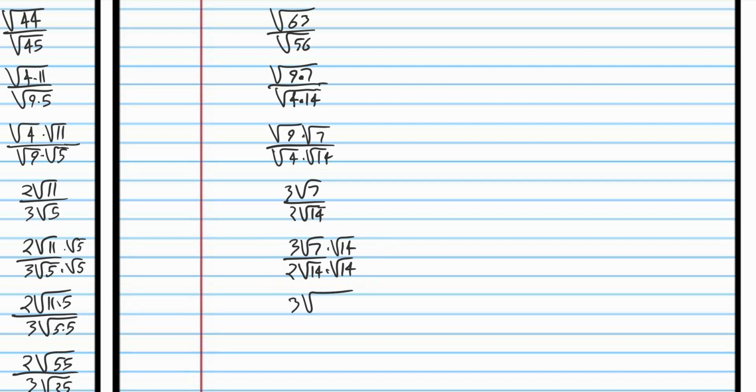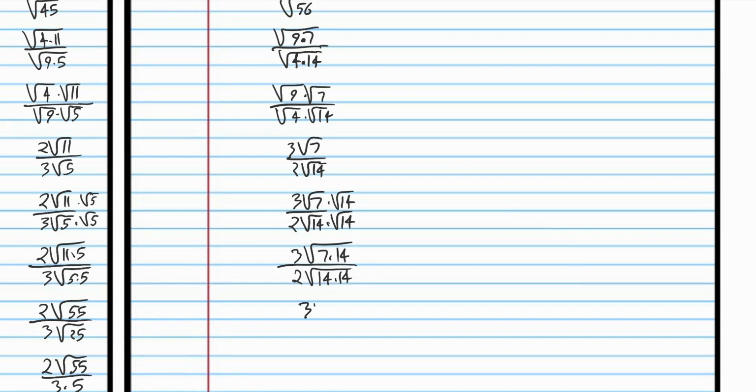And we have 3 root 7 times 14 over 2 root 14 times 14. So I don't know what those numbers are going to be, so I have to get out my calculator. And let's see, 7 times 14 is 98. So 3 root 98. And 14 times 14 would be 196.